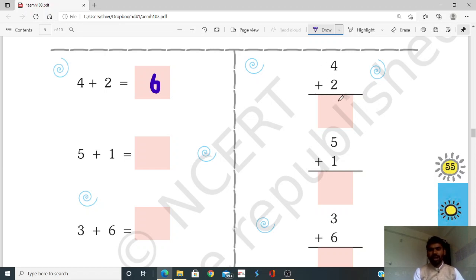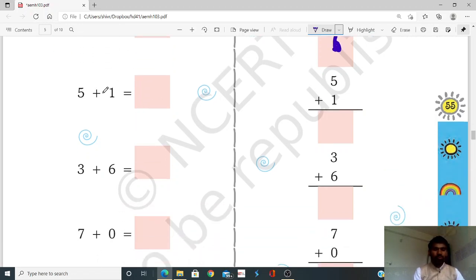Vertically also you can write 4 plus 2 is equal to 6, right? 5 plus 1. 5 means here you can see my hand, this is 5 and this is 1. When we make addition, all together it means 6. Okay, our answer will be 6, right? Here also we have to write 6 in this box.